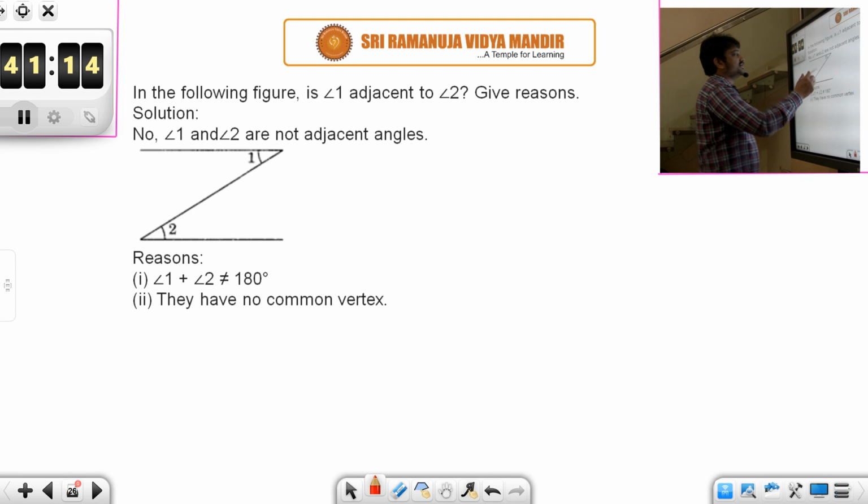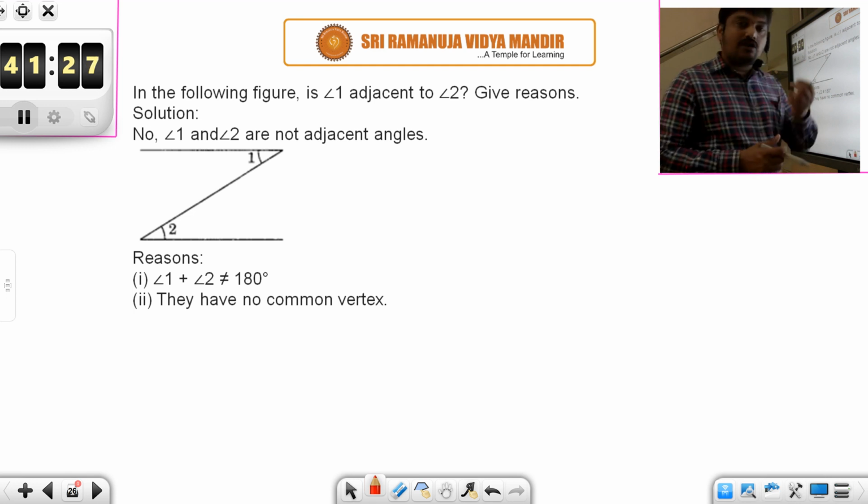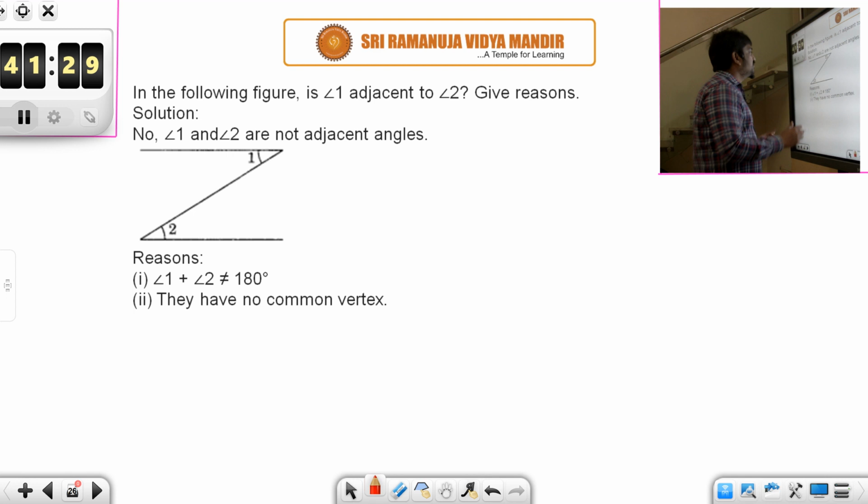Next. In the following figure, is angle 1 adjacent to angle 2? See, first of all, what is the definition of adjacency? Both the angles should have a common vertex. Now look at this. Angle 1 is this measure, right?